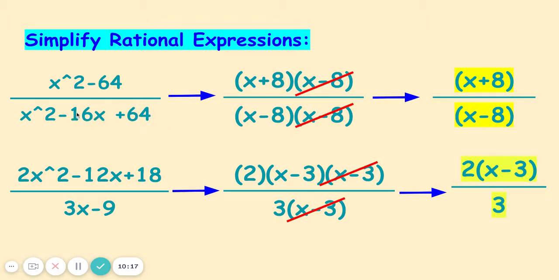Basta po, pag difference to, this is minus, you just get the square root of this, then you multiply to 2, kaya siya 16. So, x minus 8 times x minus 8. So you cancel yung same, again, they are separated by product, by multiplication rather. So, yan na po yung sagot.